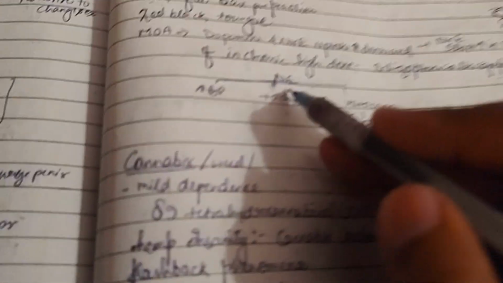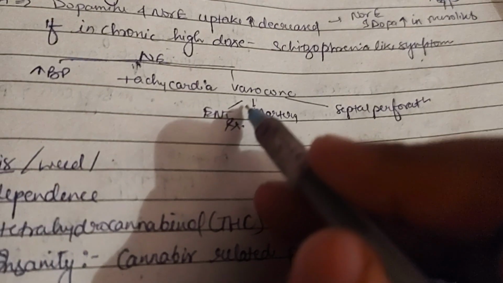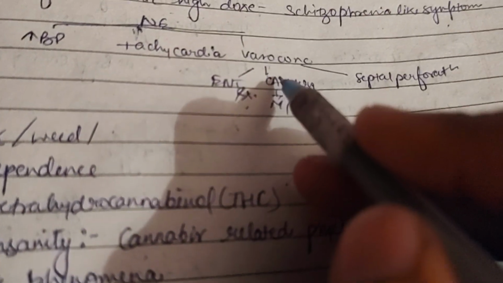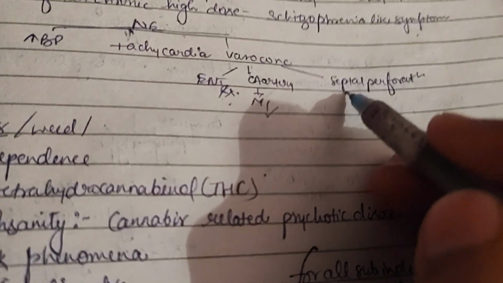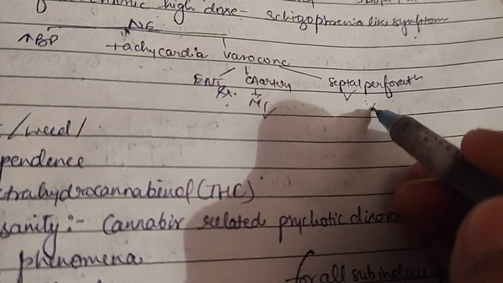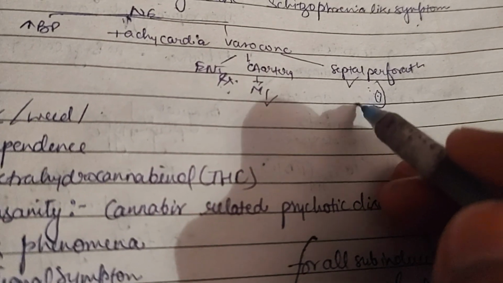Because of increased norepinephrine, it causes high BP, tachycardia, and vasoconstriction. Vasoconstriction gives it a therapeutic use in surgery for stopping bleeding. In coronary arteries it can cause MI due to vasospasm, and septal perforation after vasoconstriction of the vessels supplying the septum, causing necrosis, after which a hole in the septum can be seen.